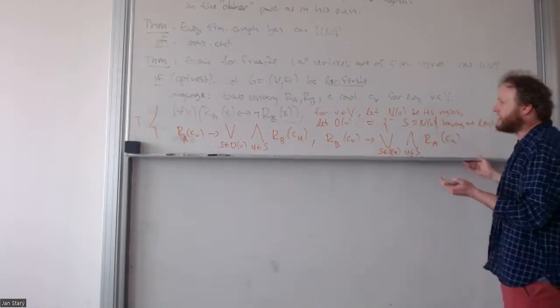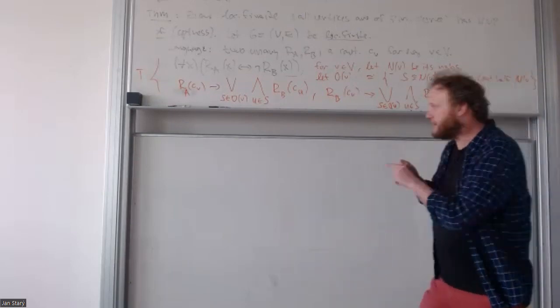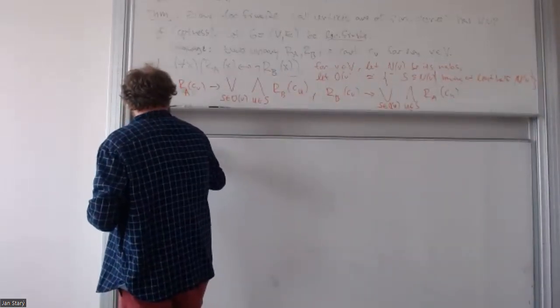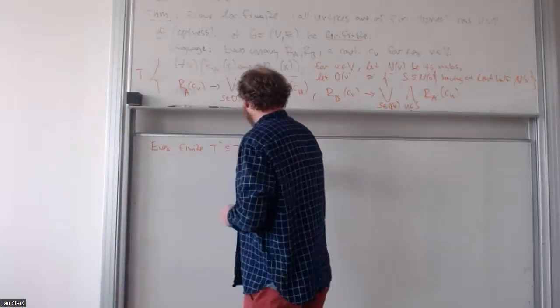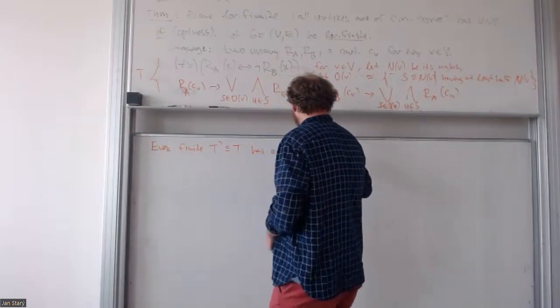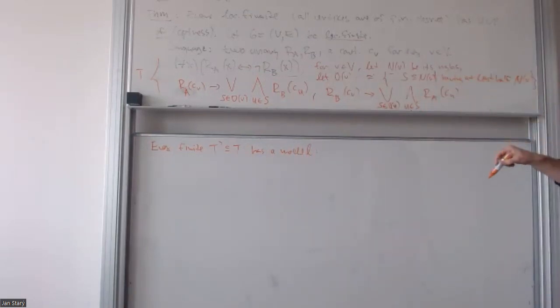Now, I claim, of course, towards compactness, that this is finitely satisfiable. So every finite part, let's say T prime of T, has a model. What is the model of every finite fragment of this theory?